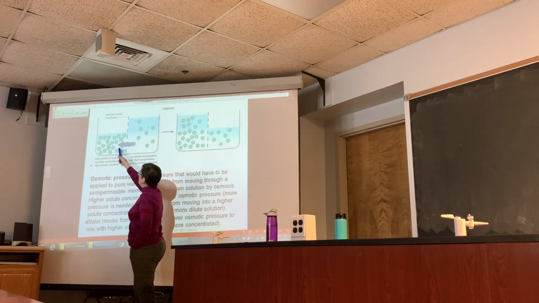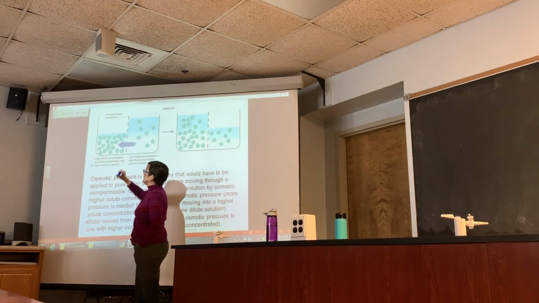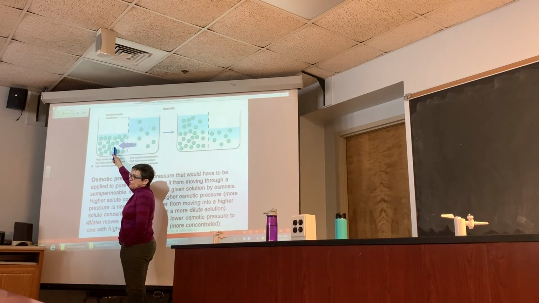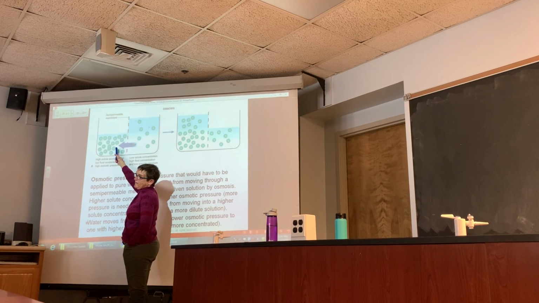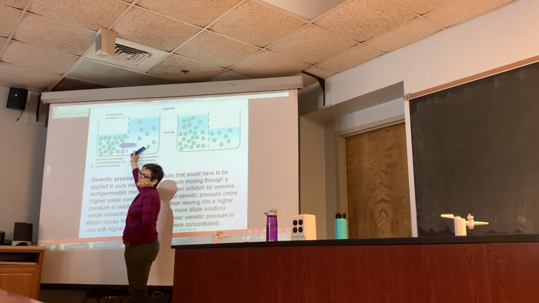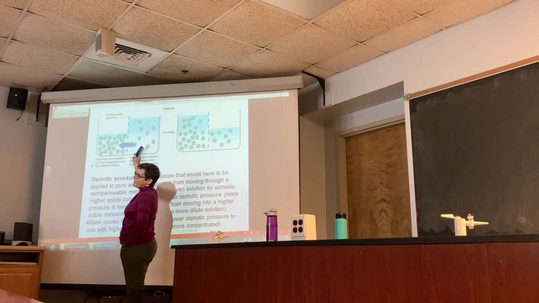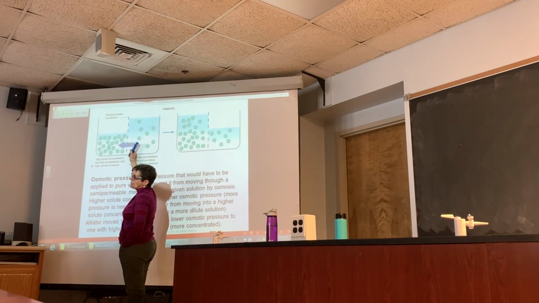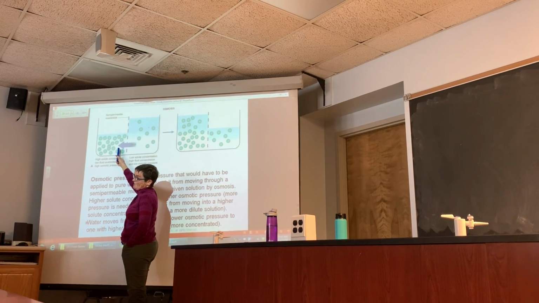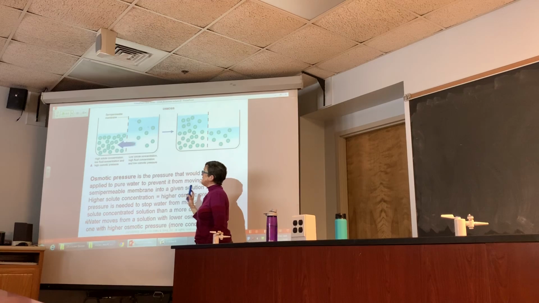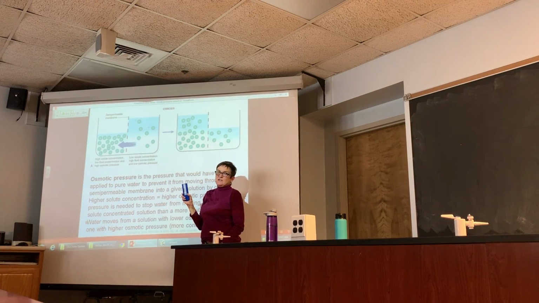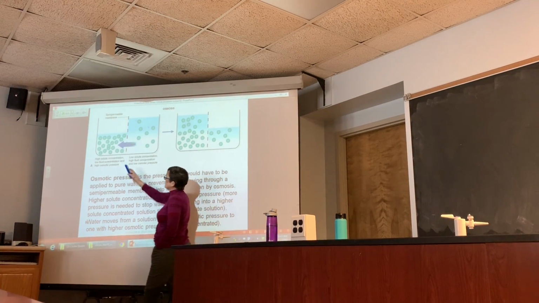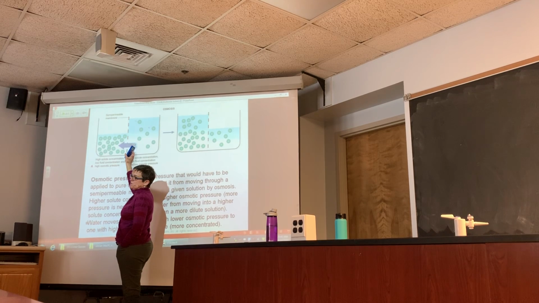So if you have two solutions of different solute concentrations, and you have more solute on one side of the membrane, let's say in your bloodstream, and less solute on the other side, in your tissue fluid, water's going to move in that direction, but this side has lower osmotic pressure and this is higher osmotic pressure, okay? You have osmoreceptors in your hypothalamus that are monitoring the osmotic pressure of your blood.